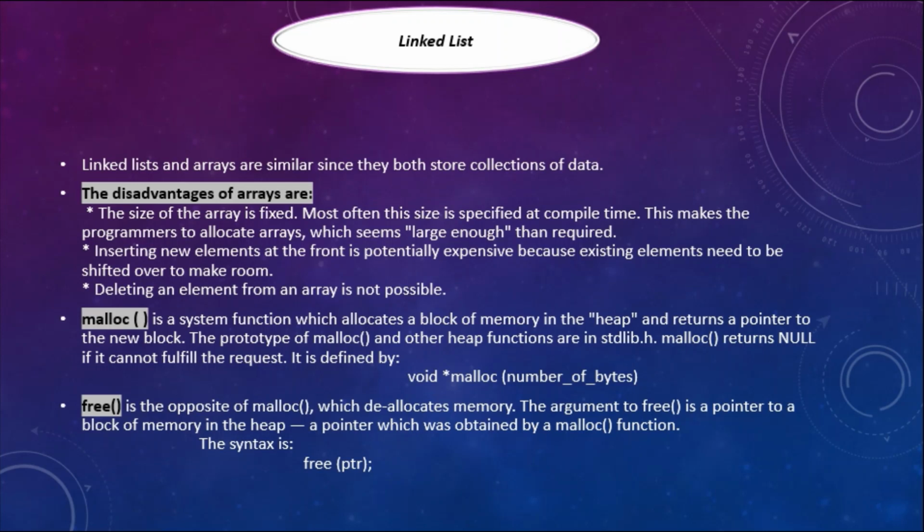That pointer is passed as an argument to the free function, and the free function will deallocate the memory of that pointer. One advantage of free is that it simplifies memory management when we no longer need a block.